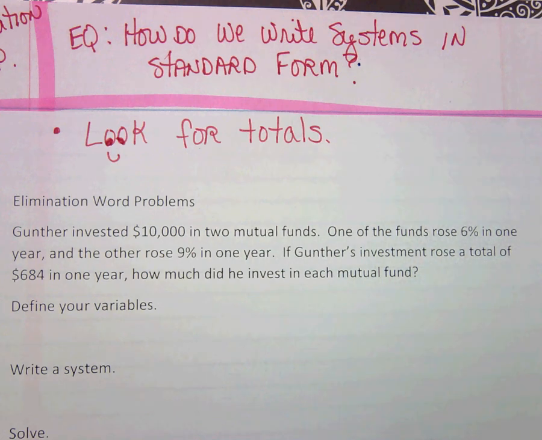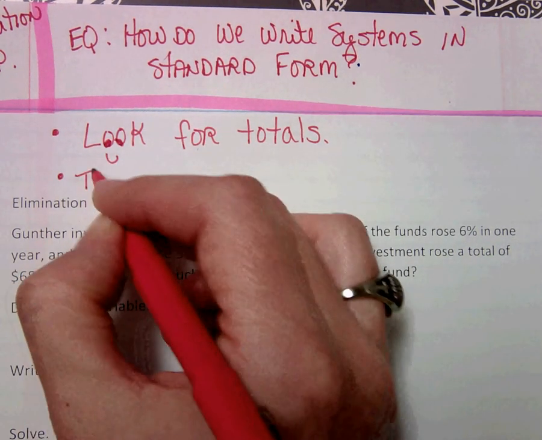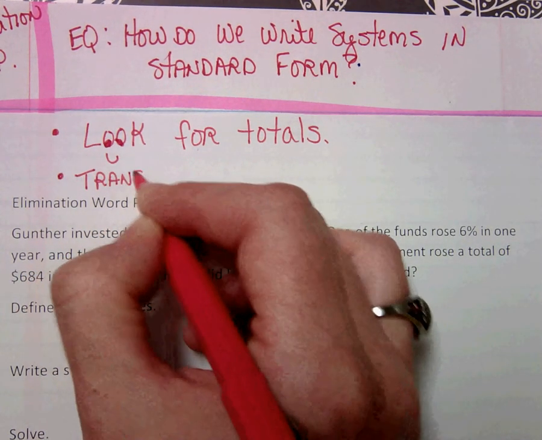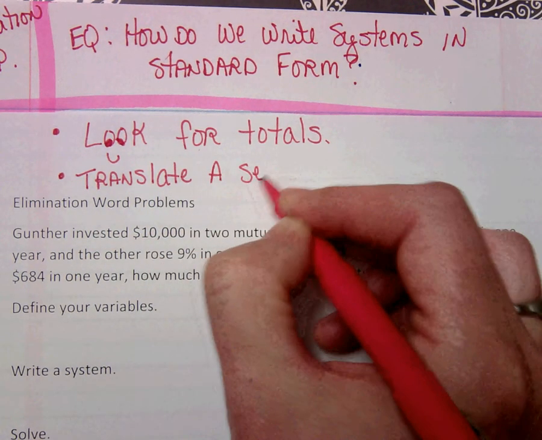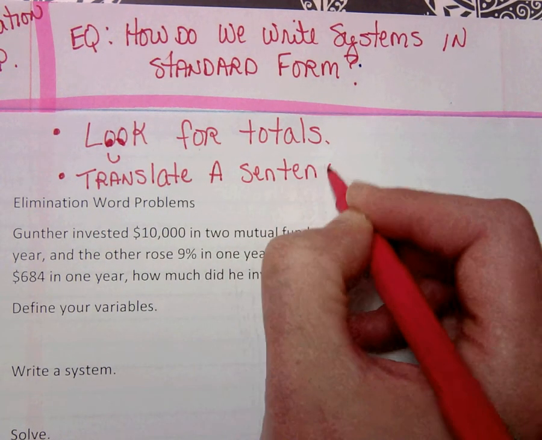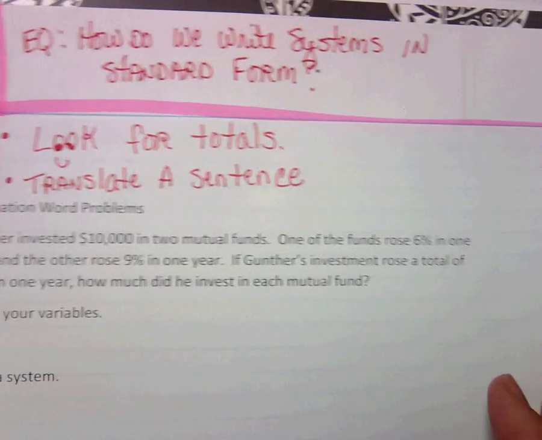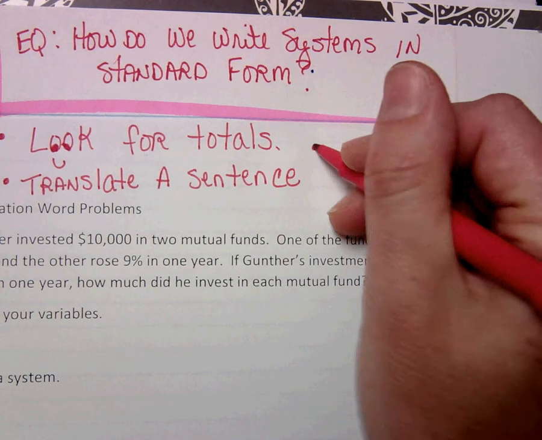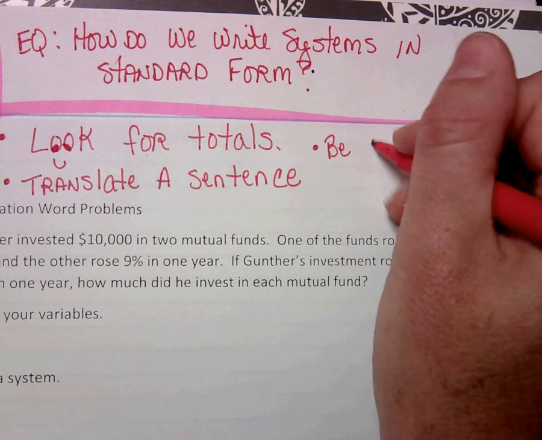We want to look for totals because that's going to help us write our equations. And then we also want to see if we can translate a sentence. We know that there's words that mean different mathematical symbols, and we want to see if we can translate a sentence. And then actually the third thing, I don't have written down, but I want to add in here, is that we need to be consistent.